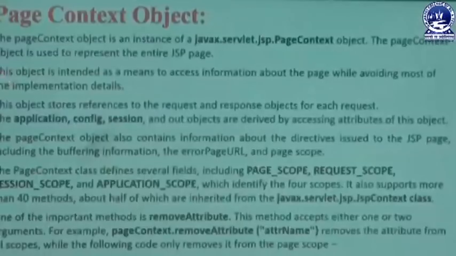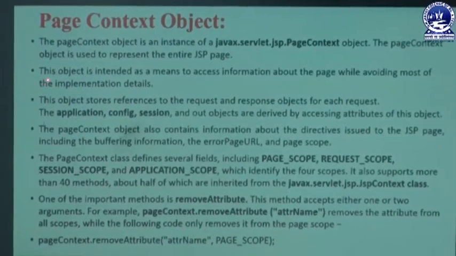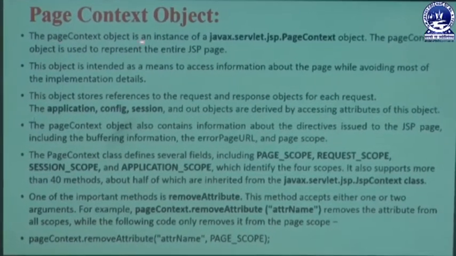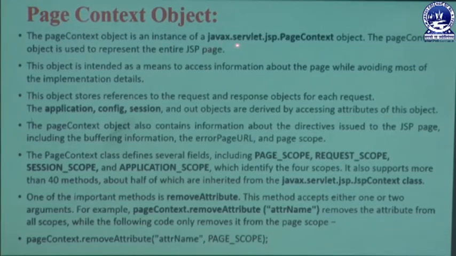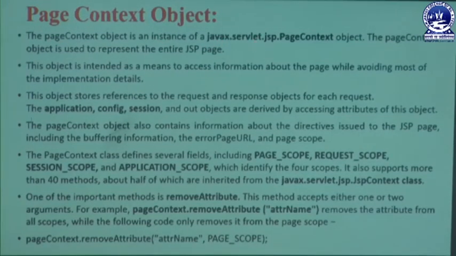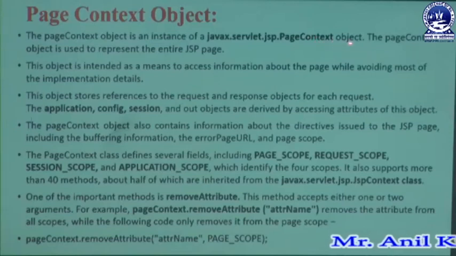In this way we can relate it to our topic, then we print it on our monitor screen. Now we can focus on the slide. Here it is written that the pageContext object is an instance of the javax.servlet.jsp.PageContext object.